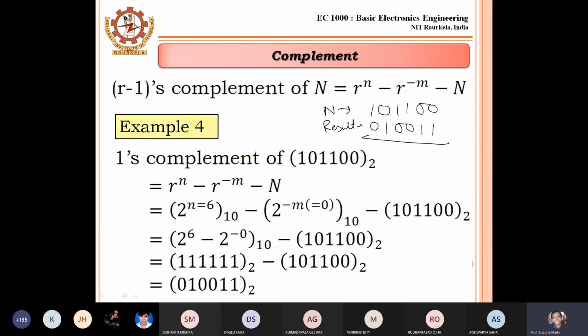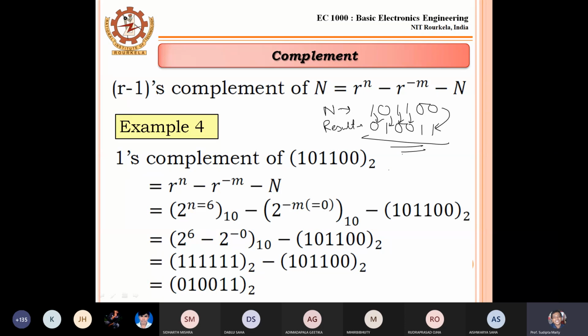You check all 0 and 1 are interchanged in the result section. This 0 is interchanged to 1, this 0 to 1, this 1 to 0, this 1 to 0, this 0 to 1, and this 1 to 0. Okay, so it is one observation.